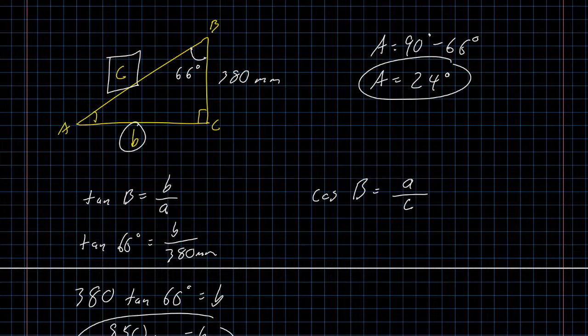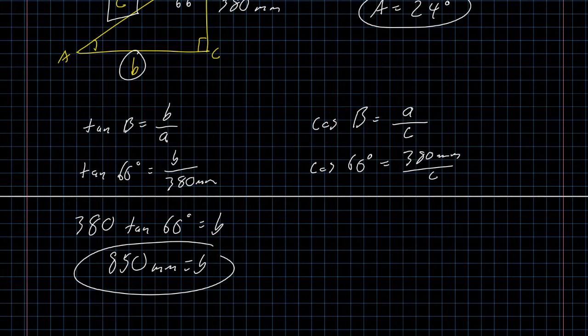Side A is adjacent to angle B. So I plug in. And I realize that the thing I'm solving for is in the denominator of this fraction, which means that the algebra is going to be a little bit messier, but it's going to be okay.